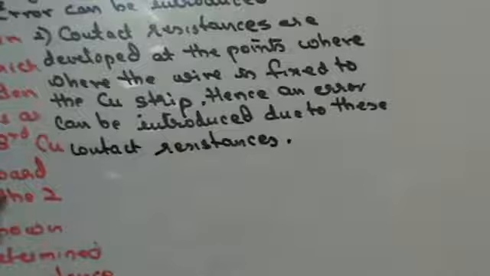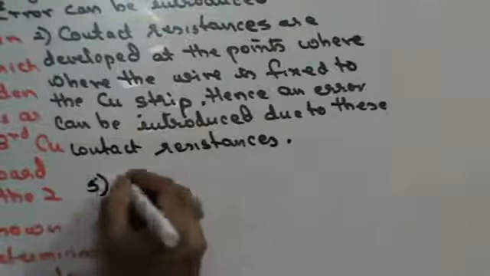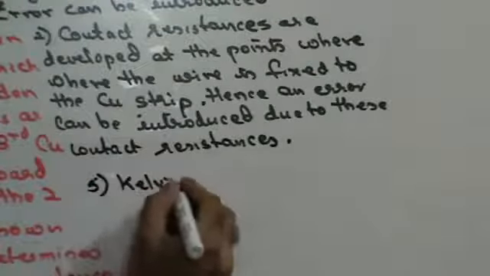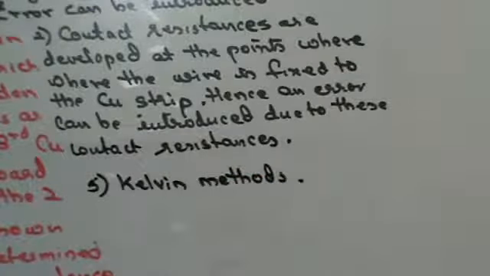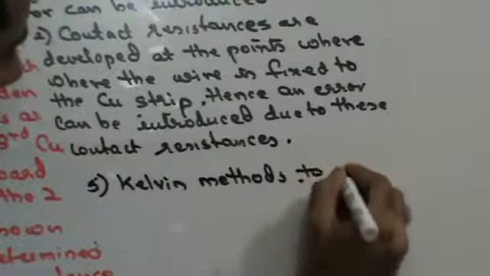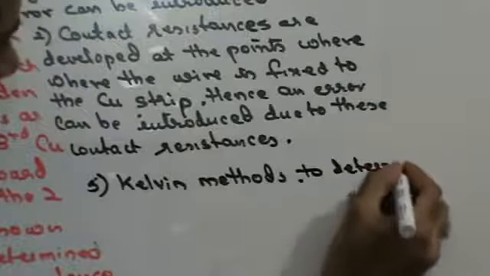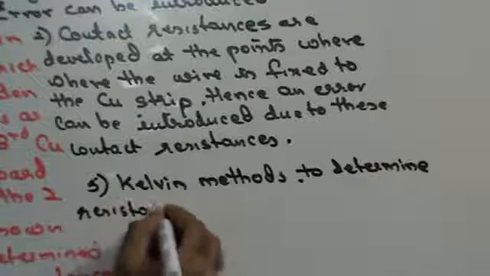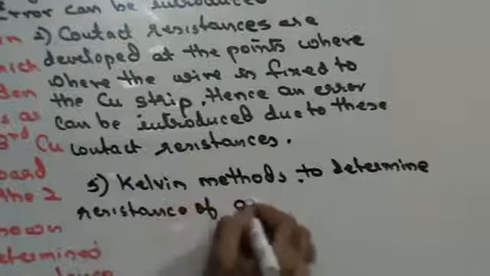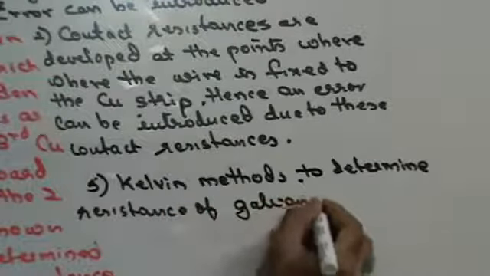How do I find it out? This is called Kelvin's method to determine the resistance of a galvanometer.